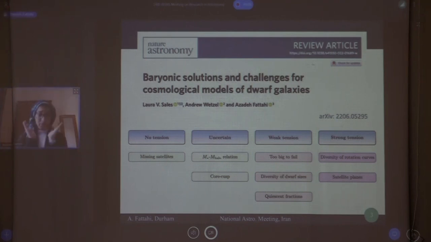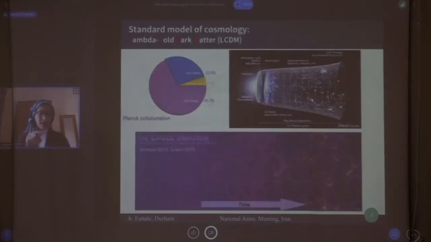To recap and bring everybody on the same page of why we are interested in studying the stellar halos and what is the theoretical framework behind that, before I jump into some of the observation results that we or the community have found in recent years.